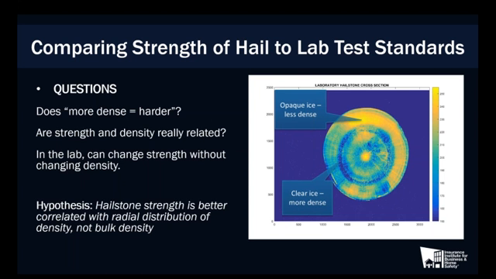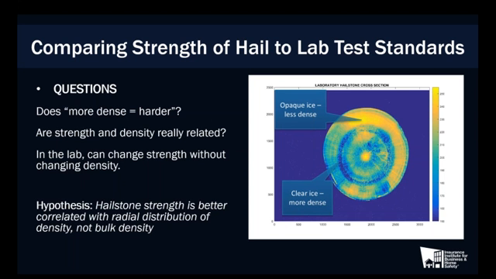And the hypothesis we've kind of put together and are going to tackle is, is hailstone strength better correlated with the radial distribution of density? So as the different types of ice, the clear ice, the opaque ice, those layered structures you see in natural hail, how does that affect how strong hailstones are?